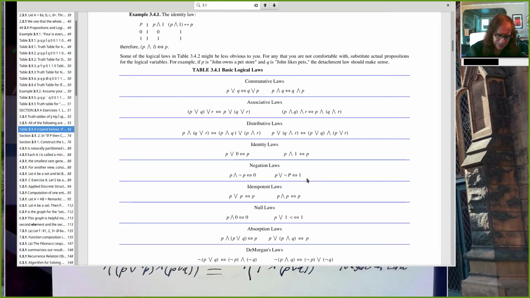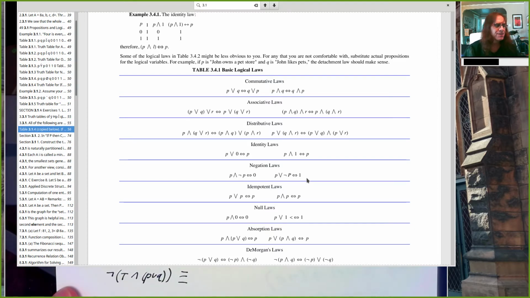I'm going to say the negation of t ANDed with p or q. And I want to find what that's equivalent to.